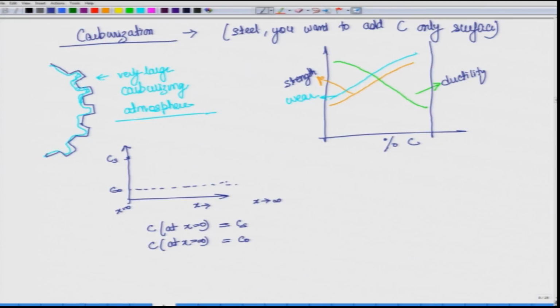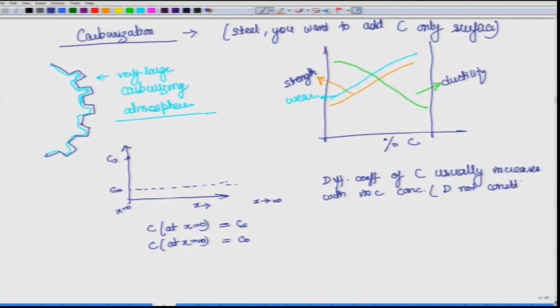Now, usually if you have some concentration gradient, then the diffusivity, or the diffusion coefficient of carbon, usually increases with increasing concentration, meaning our D would not be constant.